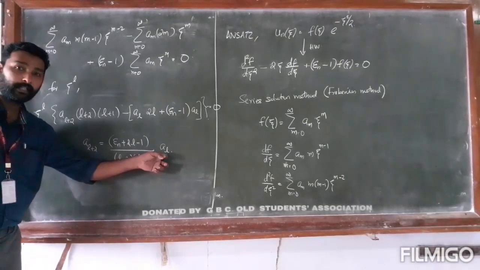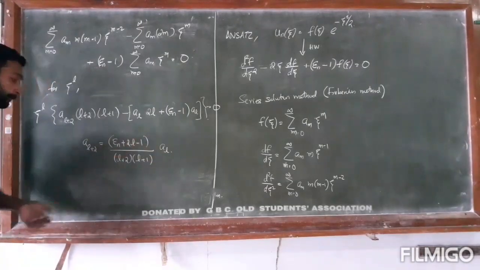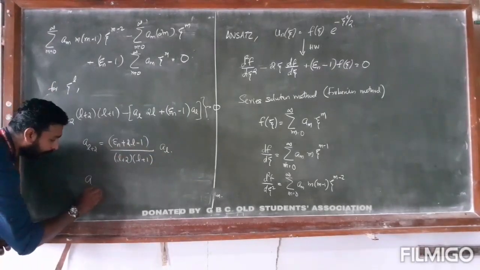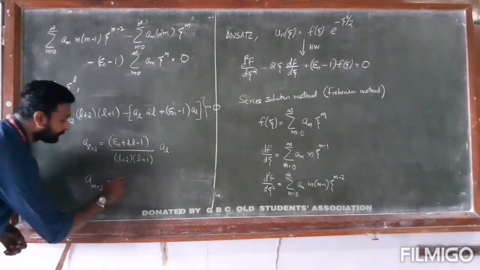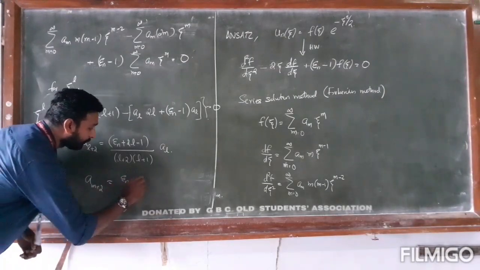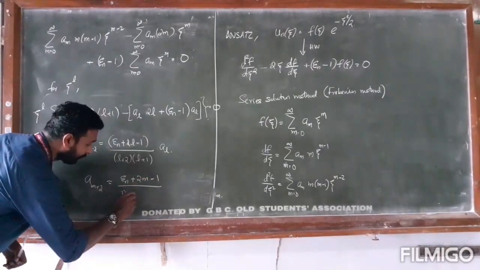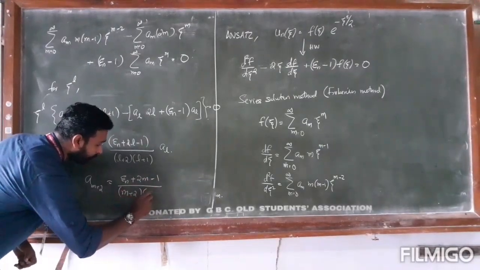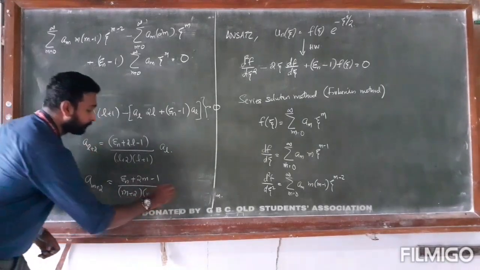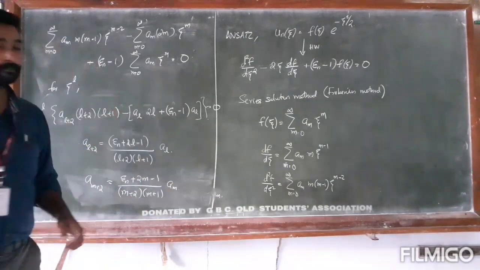This L is just a dummy index, so you can replace L with m. I can write a_(m+2) is epsilon n plus 2m minus 1 divided by m plus 2 and m plus 1, times a_m.